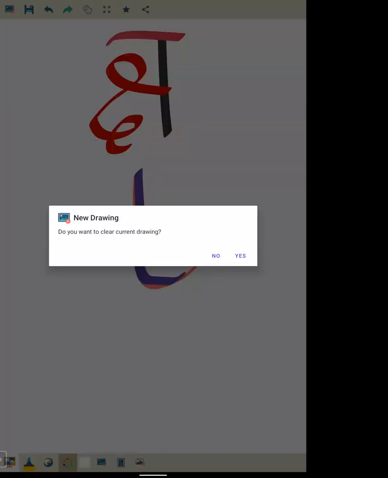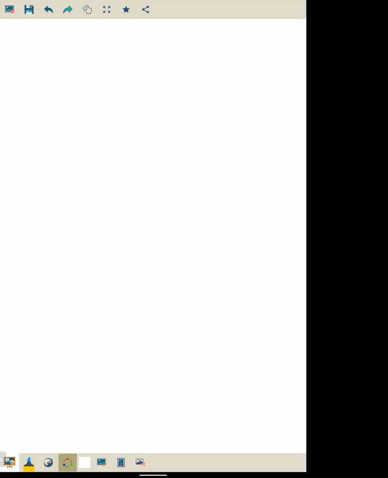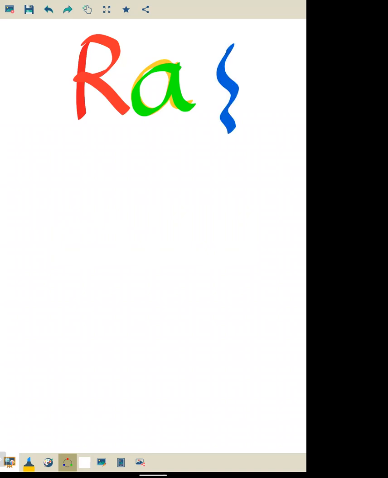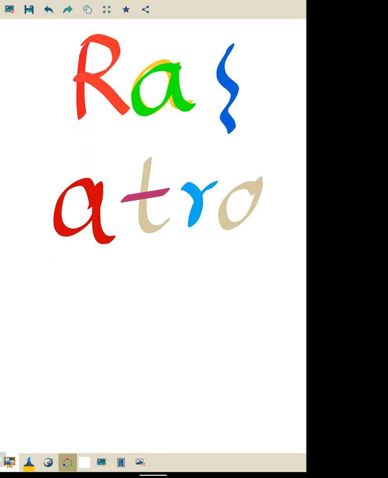And a very interesting thing I would like to tell you now about the ra, which is very important. Ra combination. Ra is like this. Suppose I would like to write the word atra. It is a Sanskrit word. Atra means here. Atra.